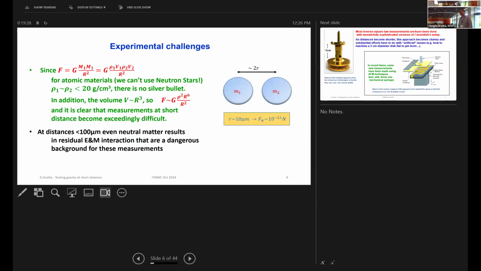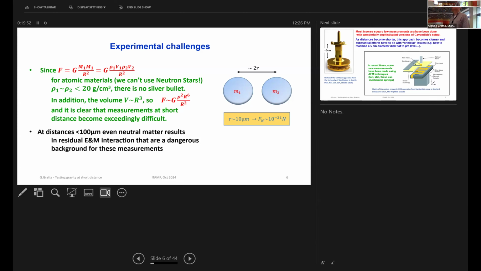Okay, experimentally, there are two major challenges. One is that as the distance becomes smaller and smaller, the test masses have to become smaller at the same time, more or less. And that means that their volume goes down, and their mass goes down with the third power of the distance, essentially.